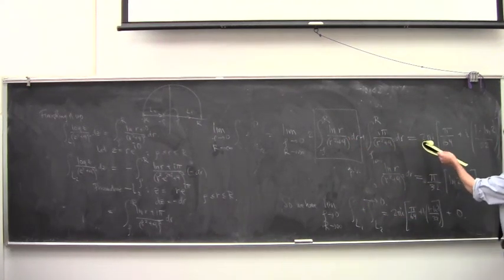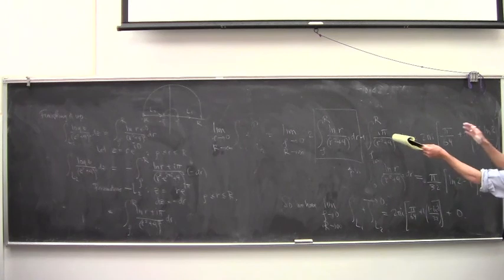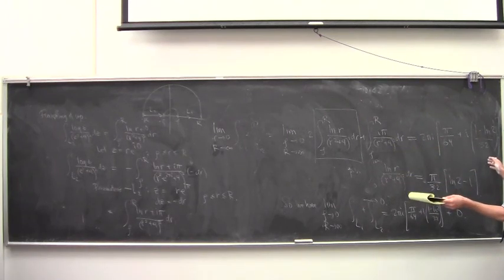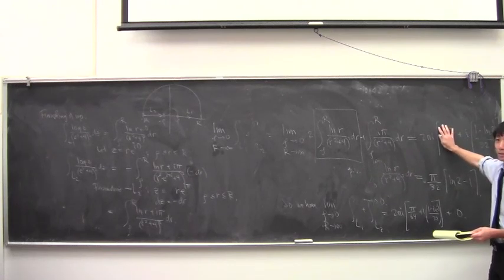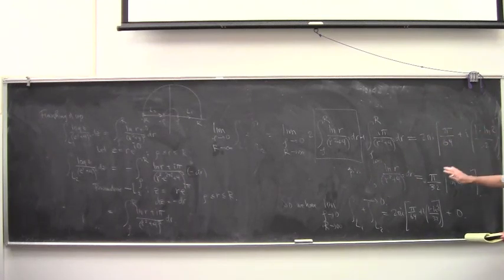I take the real part of the right-hand side. So I take the real parts of both sides and divide by 2. Right? This thing vanishes, this thing vanishes. And you end up with 2 pi i times this divided by 2.